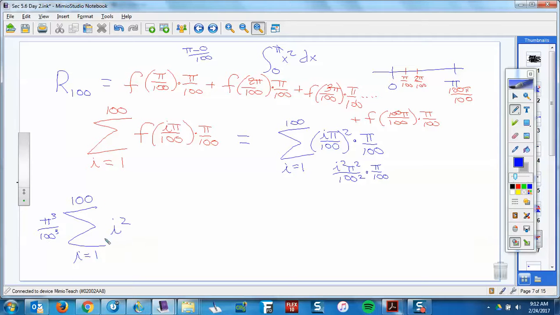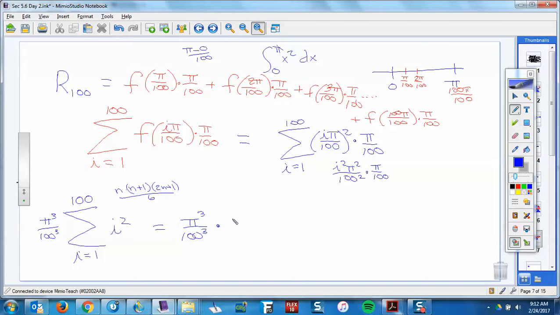What was sigma i squared again then? So you're going to get pi cubed over 100 cubed times, and now we do our summation formula for sigma i squared, right? What's your formula for sigma i squared? It's n times n plus 1 times 2n plus 1, all over 6, right?